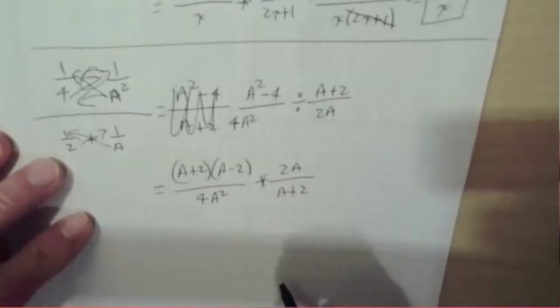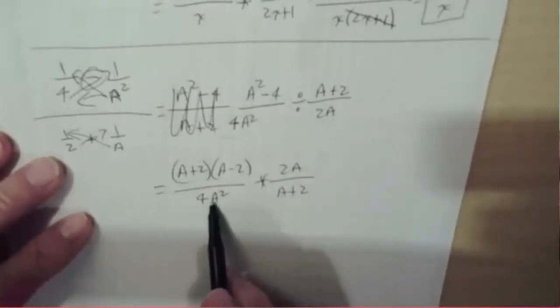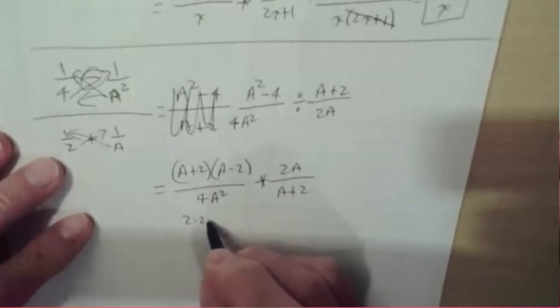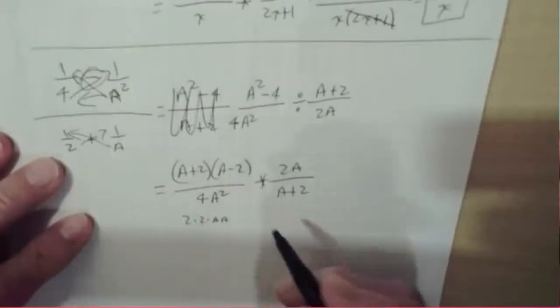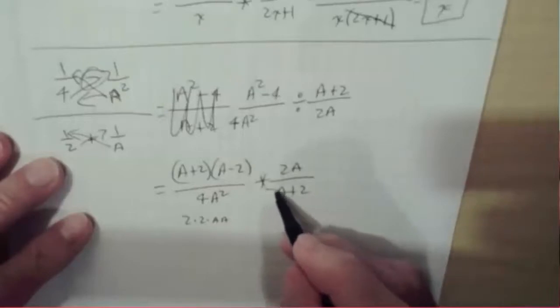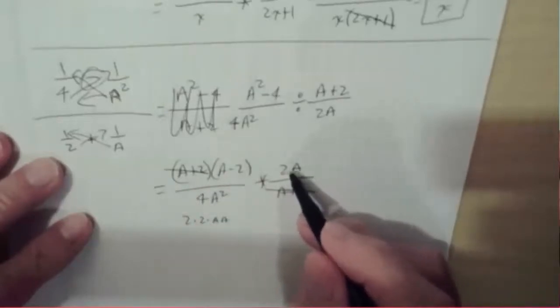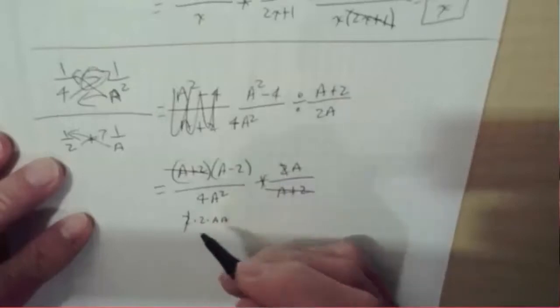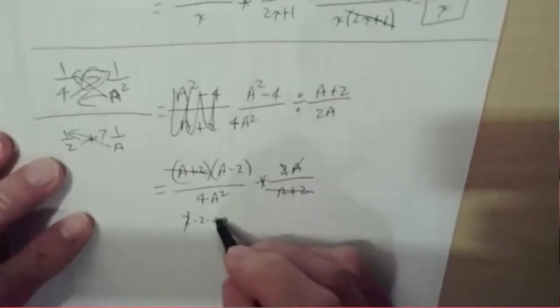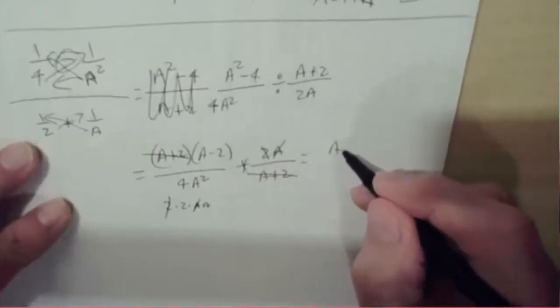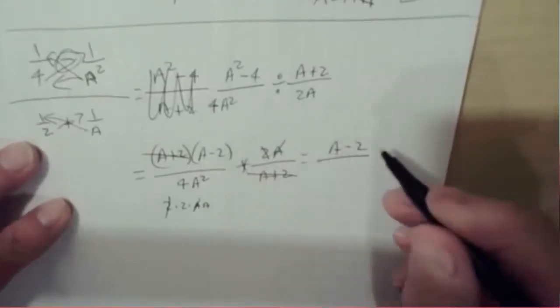Now we can factor this into 2 times 2 times a, right? Right. Okay, a plus 2, a plus 2, 2a, let's take 2 and 2, a and a. So what do we have left? A minus 2 in the numerator and 2a in the denominator.